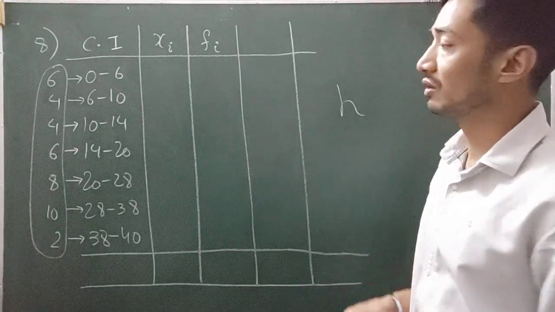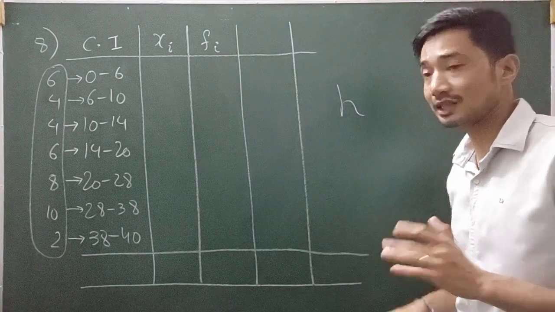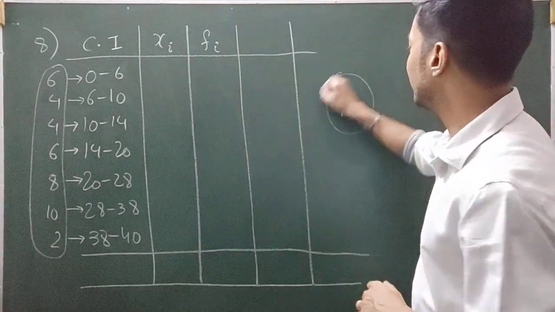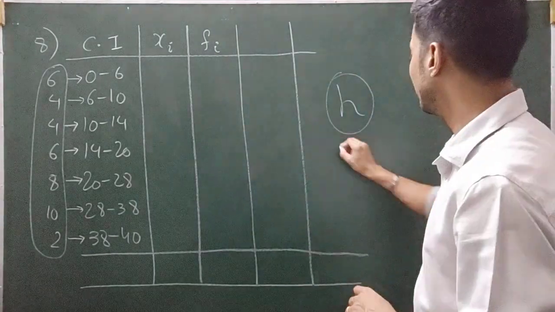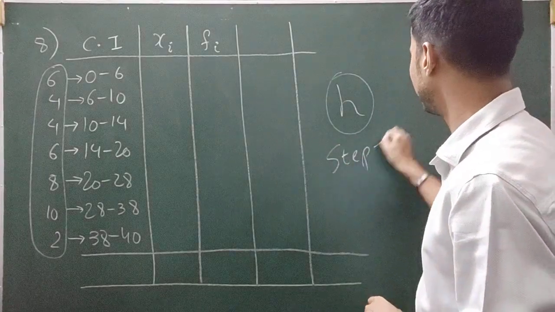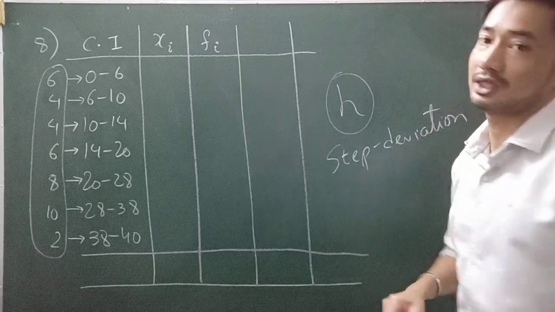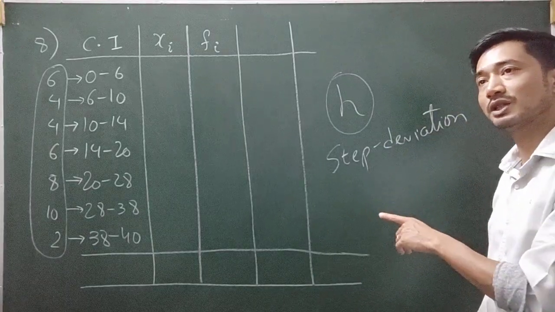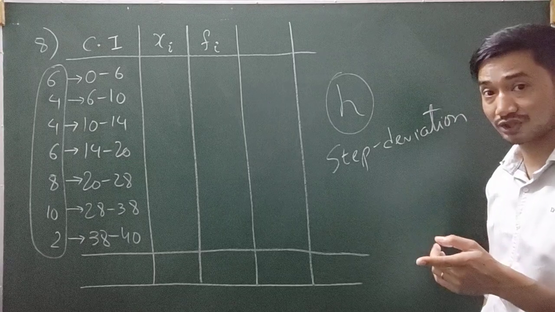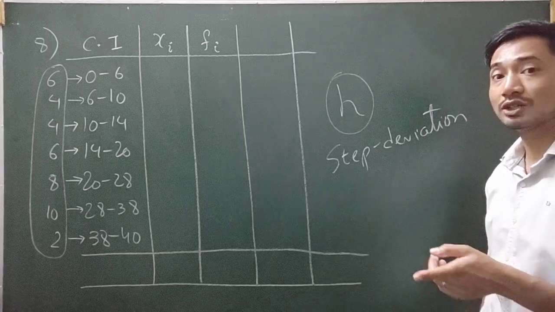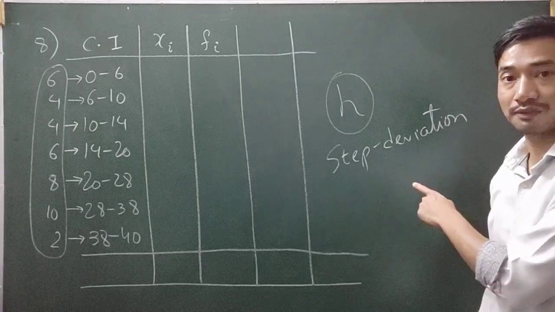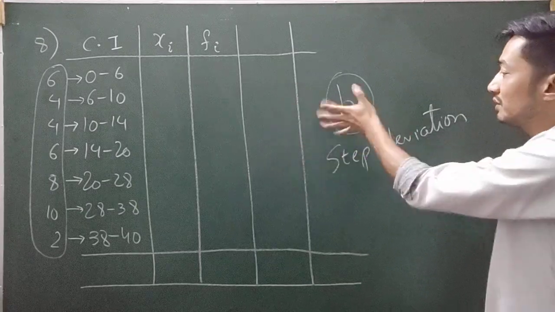So here, of course, one thing cannot be done. Since we don't have any uniform class width here, we cannot use the step deviation method, because just now we used the step deviation method where in the formula you will see h. But here we cannot use that h because h is not uniform, so you cannot use the step deviation method.